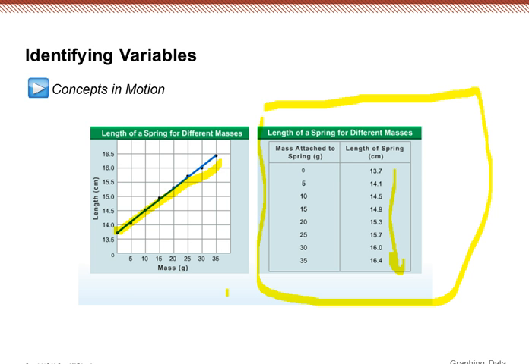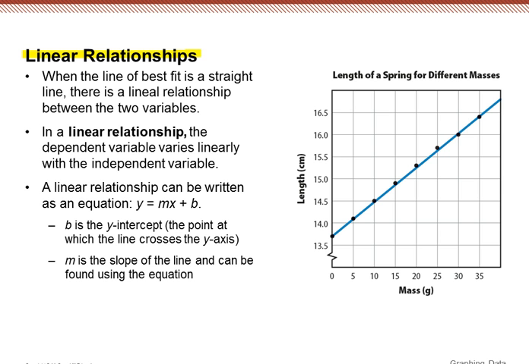When putting this data table into a graph, we're able to see right away, yes, there is a linear relationship between the length of the stretched spring and the mass that is attached to the spring. When the line of best fit is a line, then we say that this is a linear relationship between the two variables. And in a linear relationship, the dependent variable varies linearly with the independent variable.